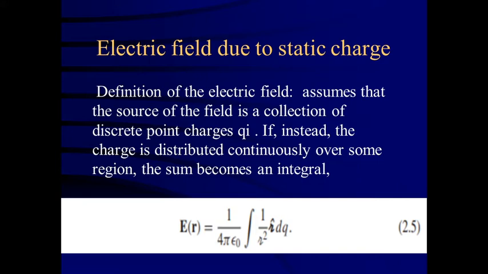What is the importance of the field? Once you know that in a space some kind of field is present, particles will experience a force due to that field. If there is a gravitational field, then the mass particle will experience the gravitational force. And if there is an electric field or a magnetic field, the charged particle will experience force and it will be accelerated and it will have a definite trajectory of its motion.